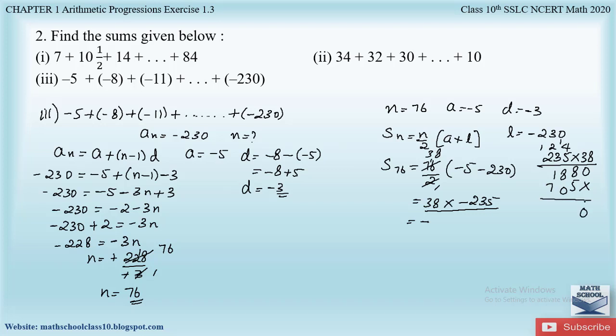So 0 will come down. 8 plus 5 is 13, carry 1, 8 plus 1 is 9, then 7 plus 1 is 8. So we got S76 is equal to minus 8930. Therefore the sum of the given AP, S76, is equal to minus 8930. So this is the result.